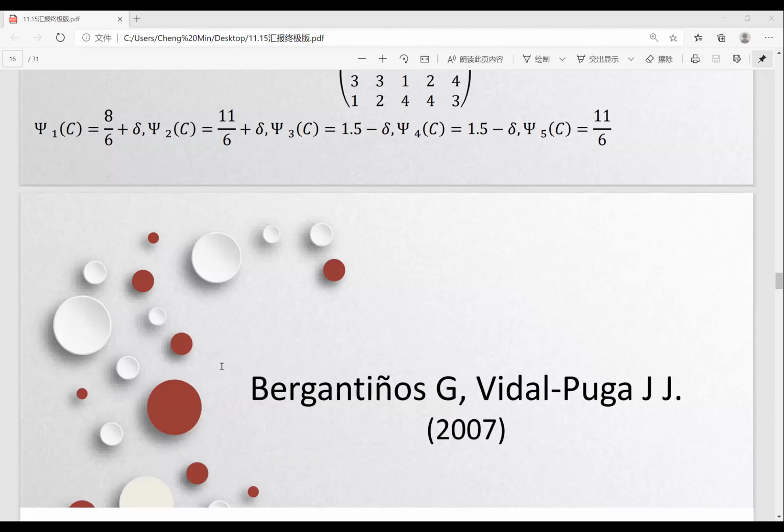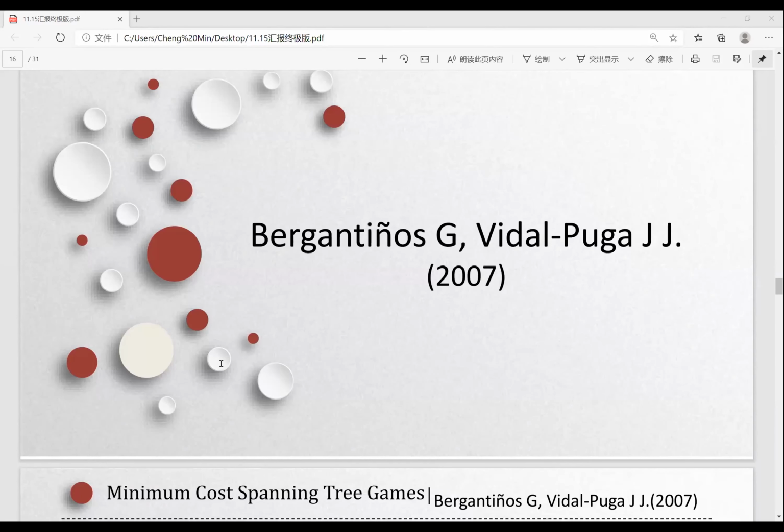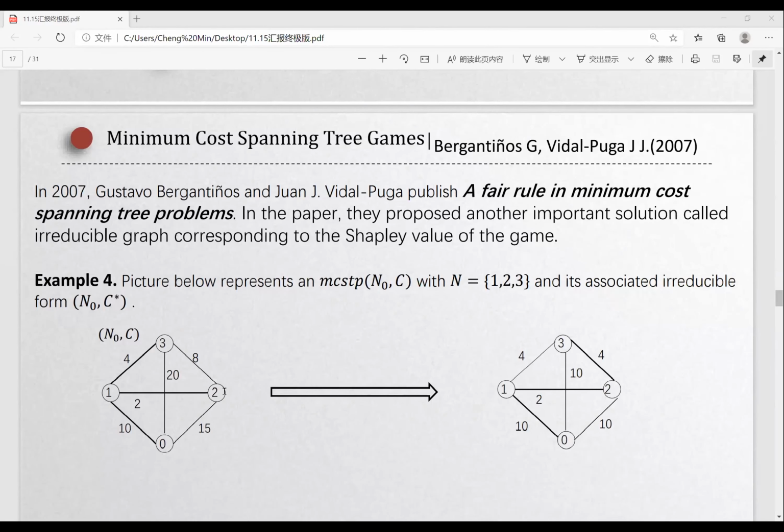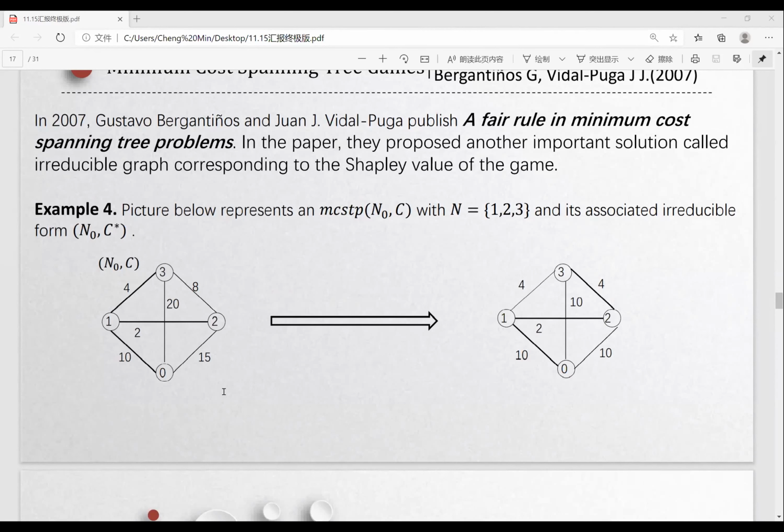In 2007, they gave another solution to solve the minimal cost spanning tree game. They proposed a reducible graph corresponding to the Shapley value of the game. Here is an example.